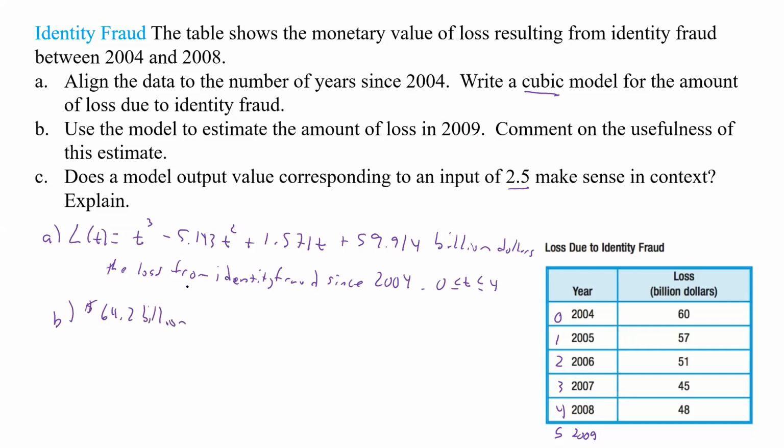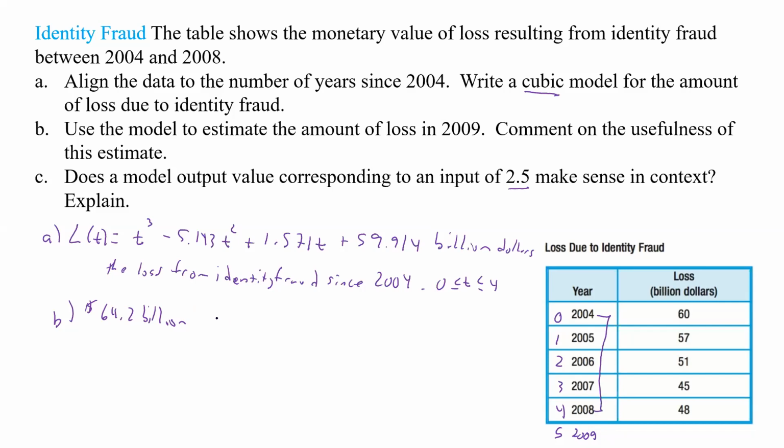Now, the question is, comment on the usefulness of this estimate. Okay, so again, remember, we have to use caution here because we only know for sure that it fits the data here. Maybe in 2009 it took a nosedive and went a different direction, or it went way high. I don't know. With caution, there's no evidence that we can follow this.